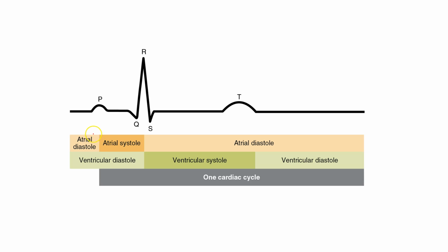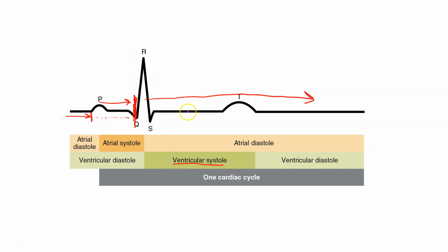Here's how these would all shake out on an ECG graph. We start off with the atria and the ventricles relaxed, up to this point. Then the P wave represents the beginning of atrial contraction. So the atria contract, so here we're in atrial systole, but the ventricles are still relaxed. Once we get to here, roughly, the atria are still relaxed, and they're going to be relaxed all the way to the next P wave, but the ventricles are now contracting, so it's ventricular systole.